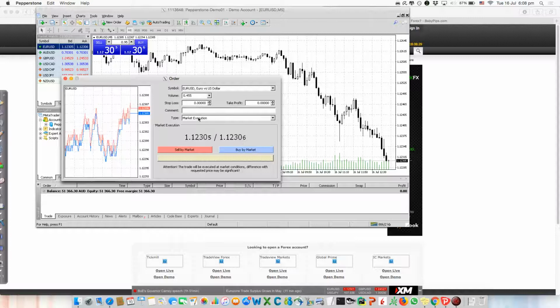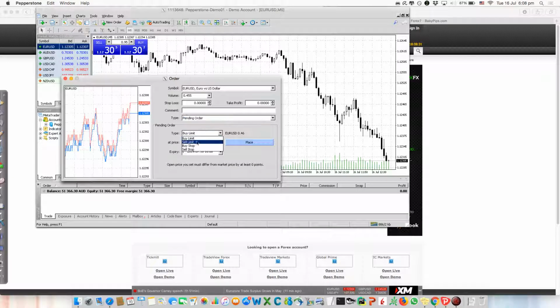Okay, and here we can put, let's say, a buy stop order. So we can buy at 1.1232, for example, and then the stop loss is at 1.1210.